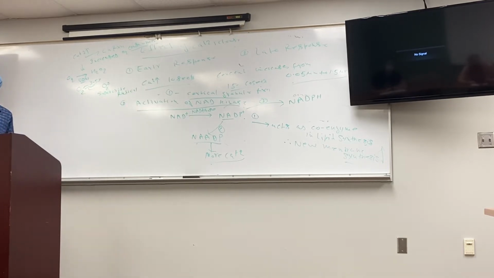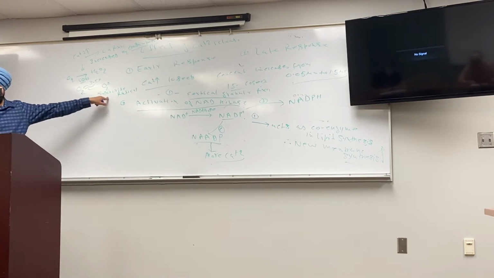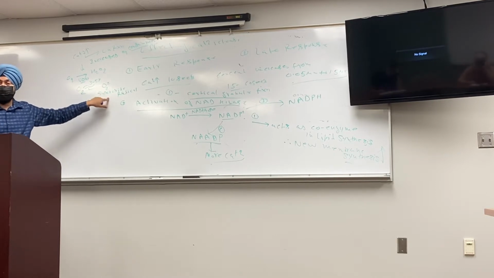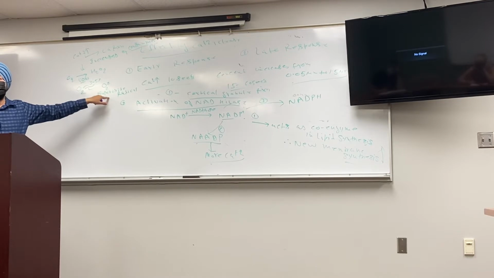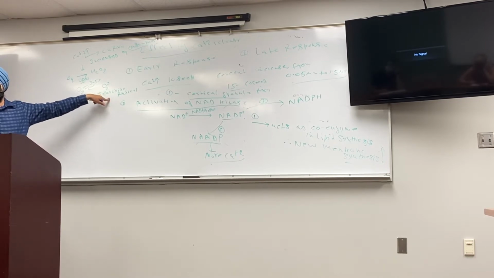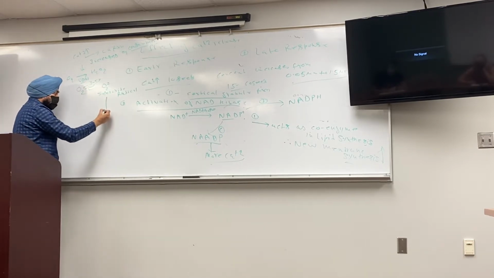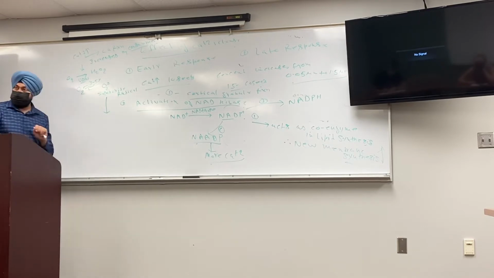Now this superoxide radical is really toxic because it's an oxygen free radical. Free radicals, if you remember your chemistry, are highly reactive species. They can react with anything: protein, lipid, DNA, RNA, so they are going to cause damage. So the cell has two defenses against this. One is in the mitochondria, because they are made in mitochondria.